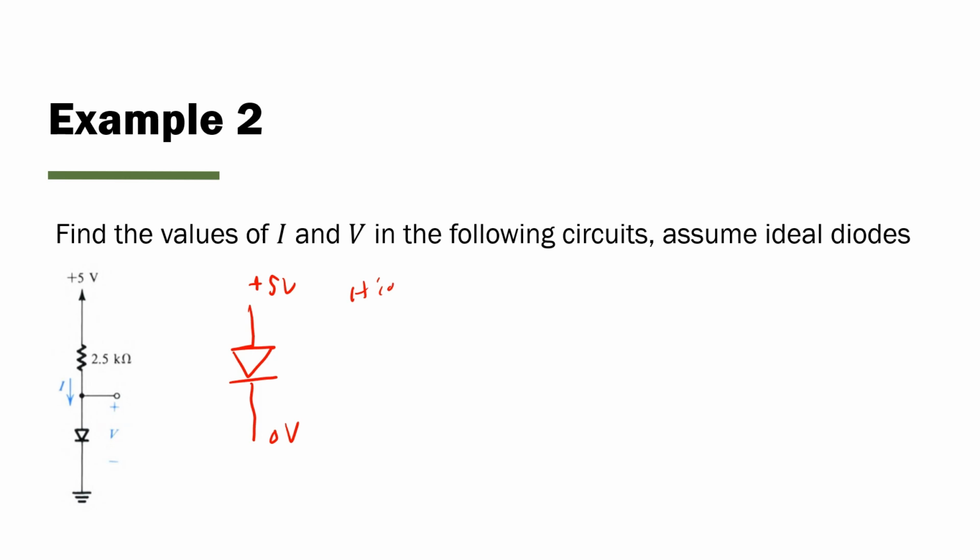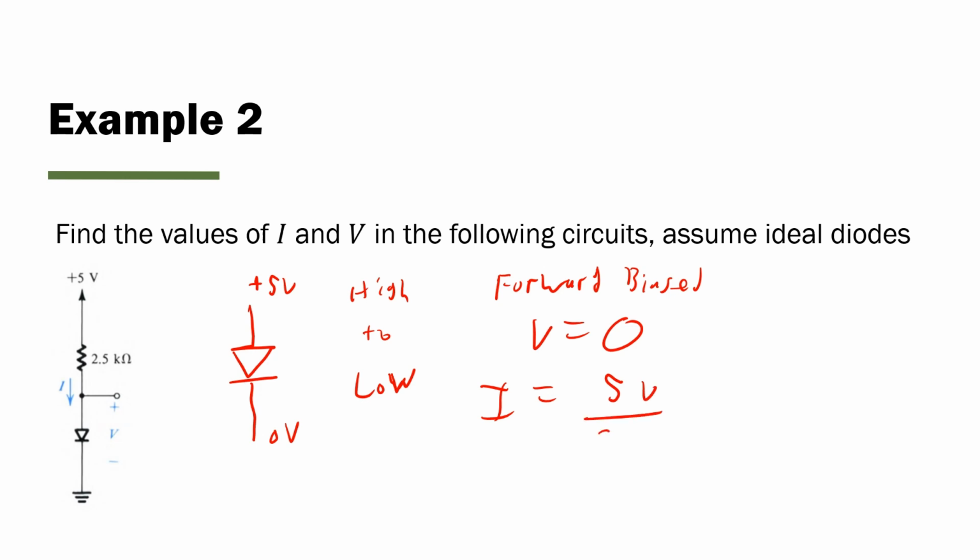So we're going from high to low. Therefore, this diode is forward biased, which means the voltage across the diode is equal to 0. The diode will conduct current, so I will just be equal to 5 volts divided by 2.5 kiloohms, which is equal to 2 milliamps.